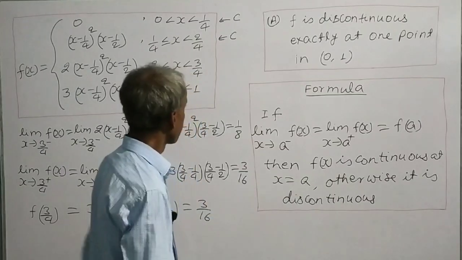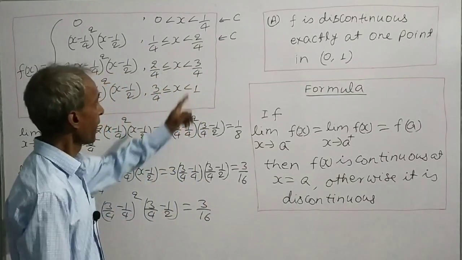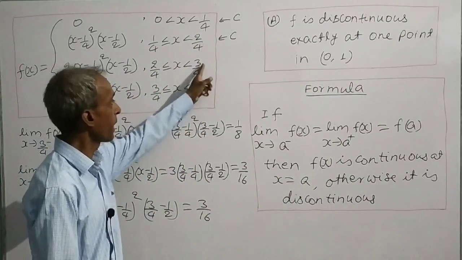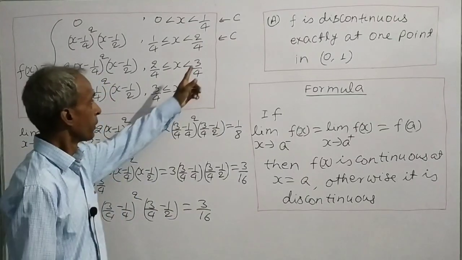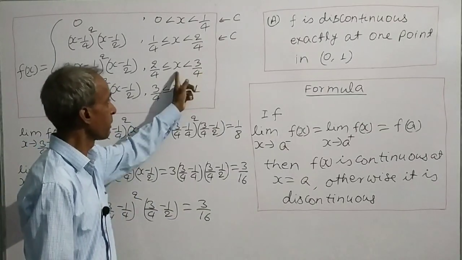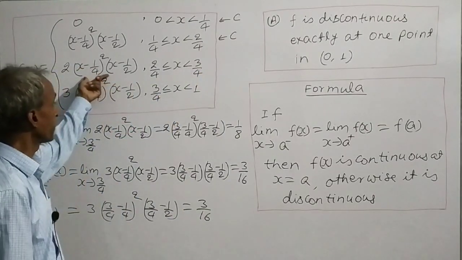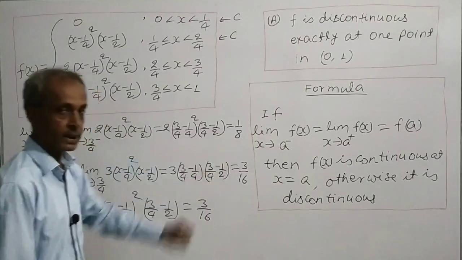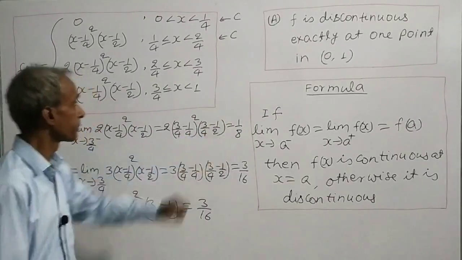Now we check continuity at x equal to 3 by 4. When x is less than 3 by 4, the function is this, therefore the left hand limit is 1 by 8.